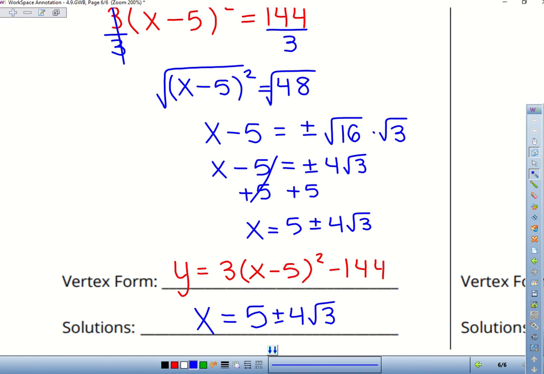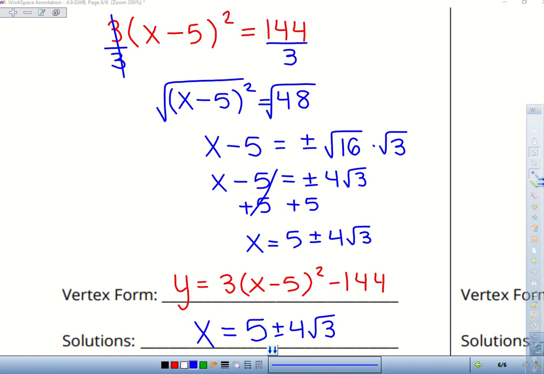Alright, so let's talk about it for a second. Does this graph cross the x-axis? Yes. These solutions are real, they're just irrational.